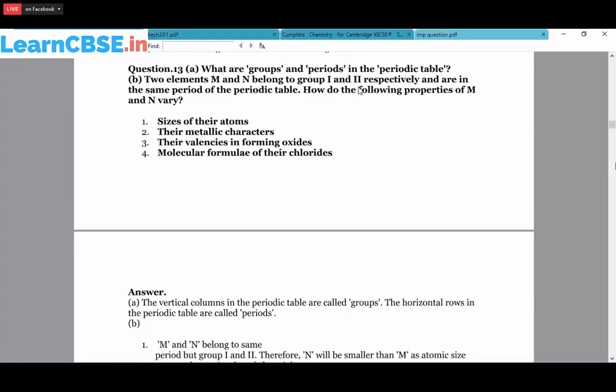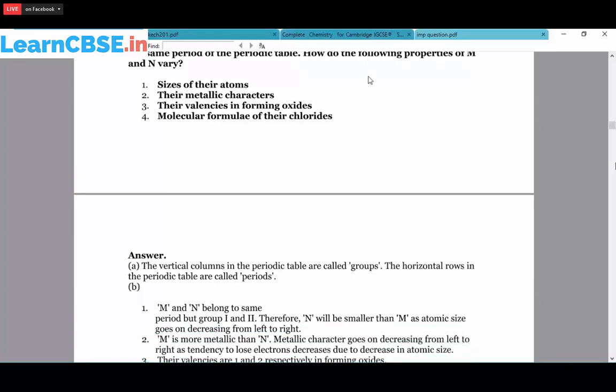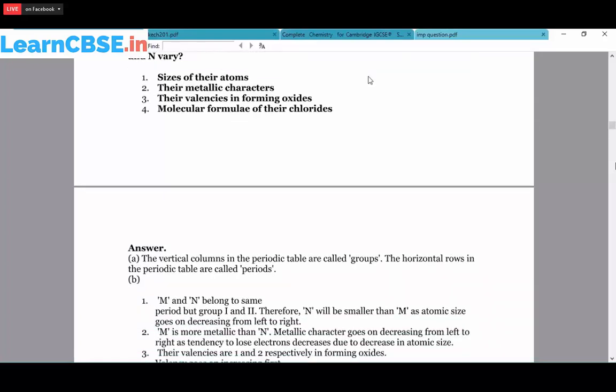First, sizes of the atoms. M and N belong to the same period but different groups, group 1 and group 2. So N will be smaller compared to M, because the atomic size goes on decreasing when you move from left to right in the periodic table.